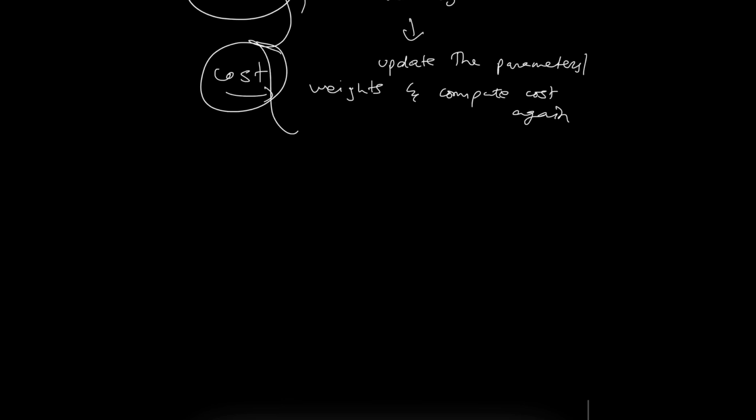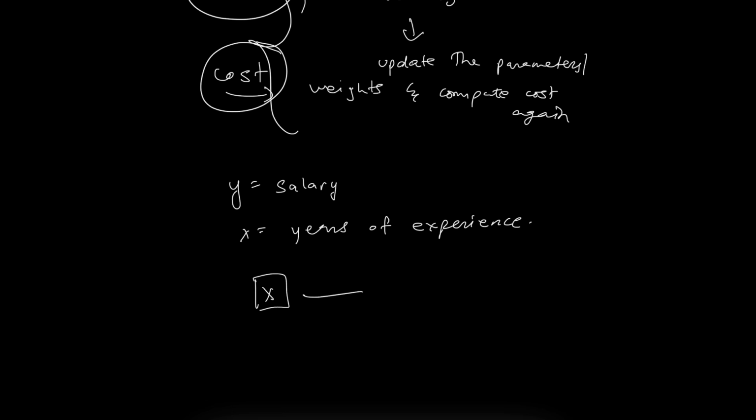So for example, if our given example was, if y is the salary and x is their years of experience, we want the model to perform at a level where if we just give the salary of our person, which is the x, it should give us a reasonable prediction.